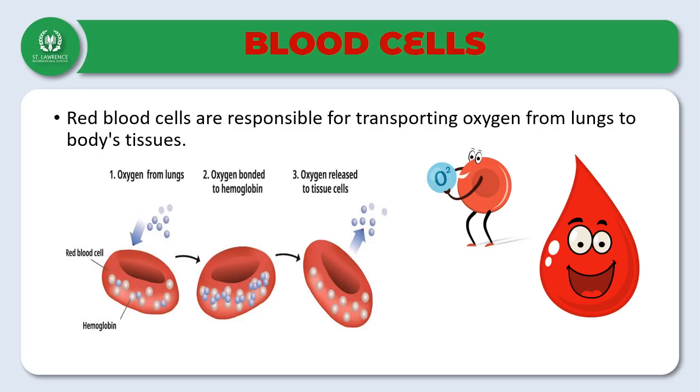Okay, so its main function is to supply oxygen to all the parts of the body tissue from lungs. So this is the function of the red blood cell in our body, and it is red in color because of the pigment called hemoglobin, which is red in color.